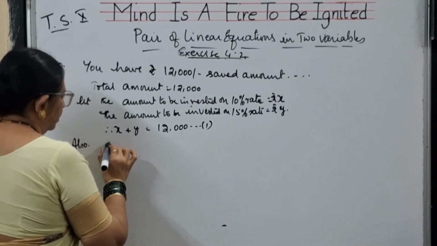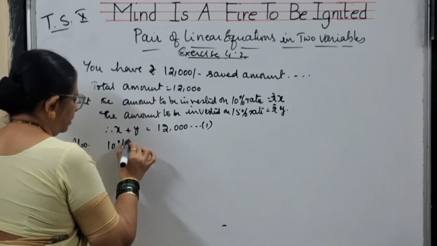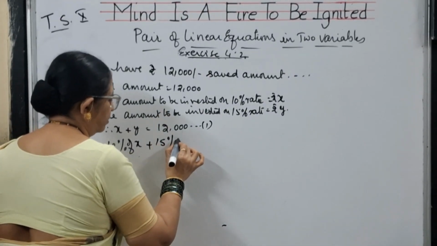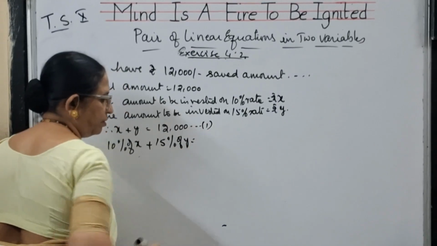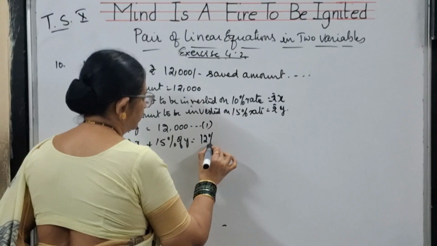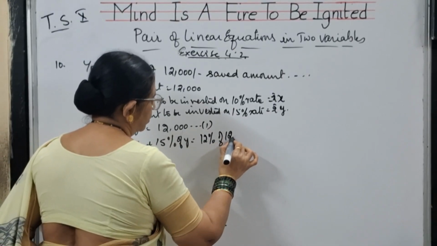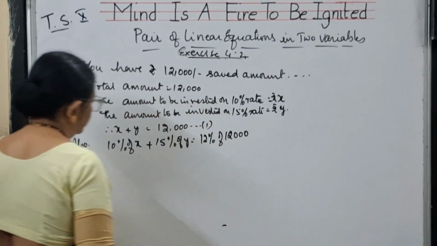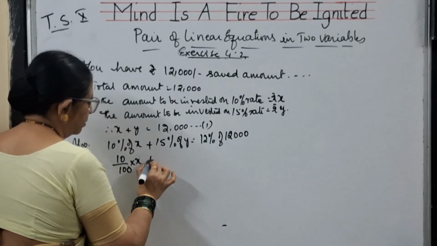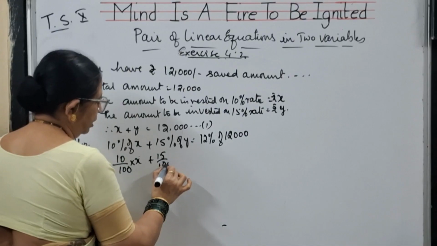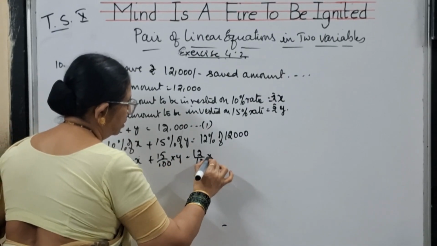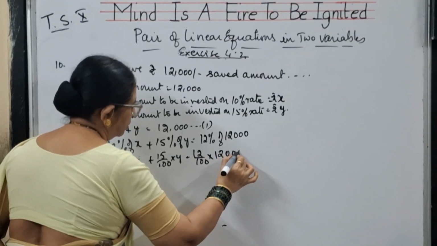10% of x plus 15% of y is equal to how much they are expecting? 12% of 12,000. So 10 by 100 into x plus 15 by 100 into y is equal to 12 by 100 into 12,000.